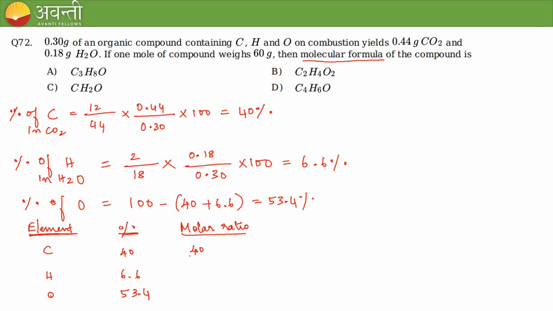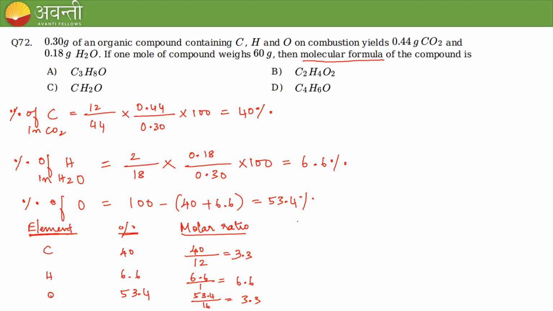The mass is 40 for carbon and the molar mass of carbon is 12, so it is found out to be 3.3. For hydrogen, 6.6 by the atomic mass of hydrogen, which is 1, so it is 6.6. And coming to oxygen, the mass is 53.4, molar mass of oxygen is 16. It is equal to 3.3. So this is the molar ratio.